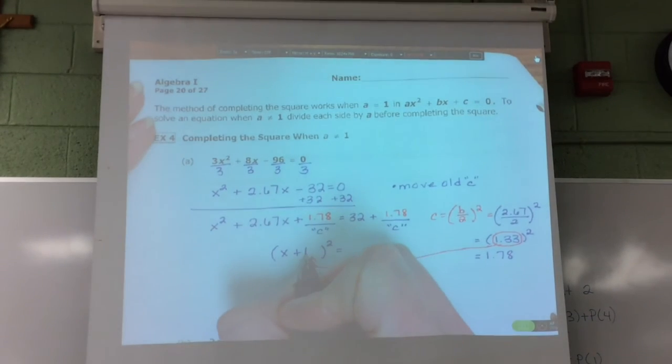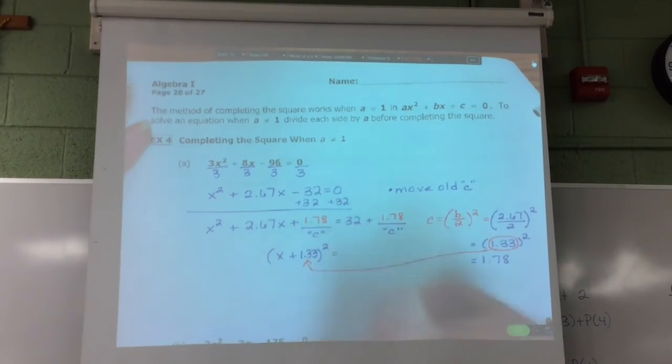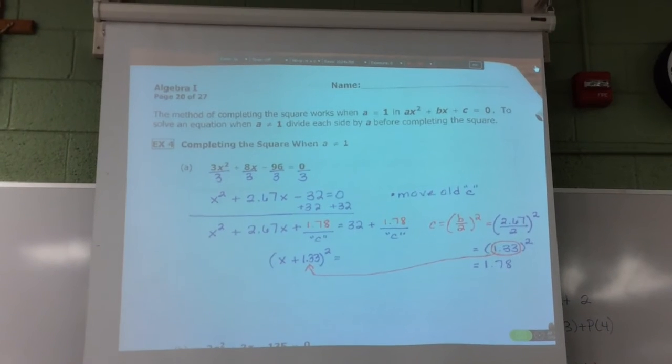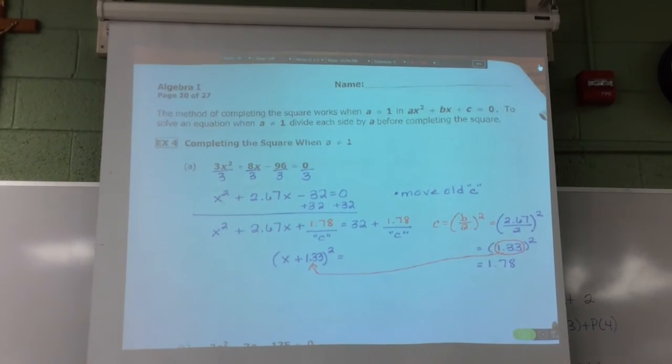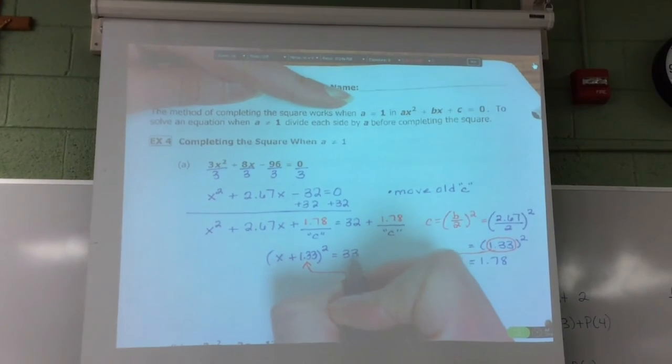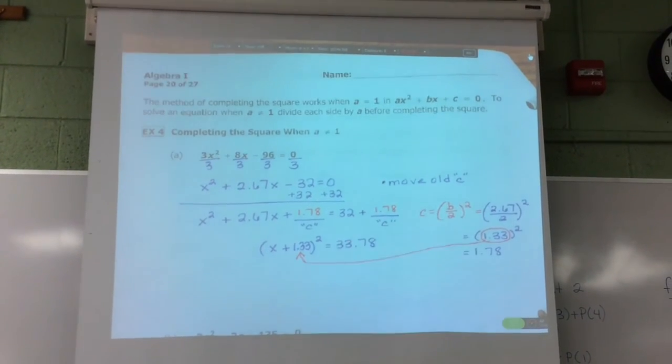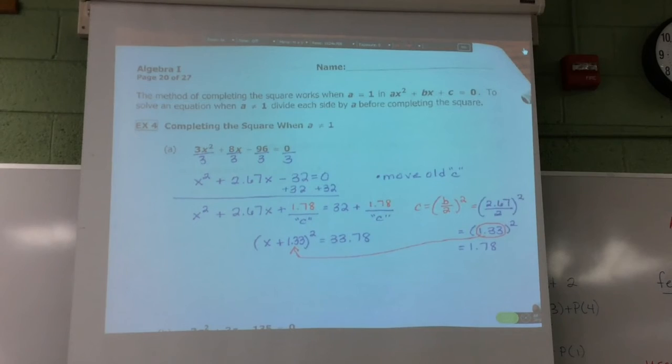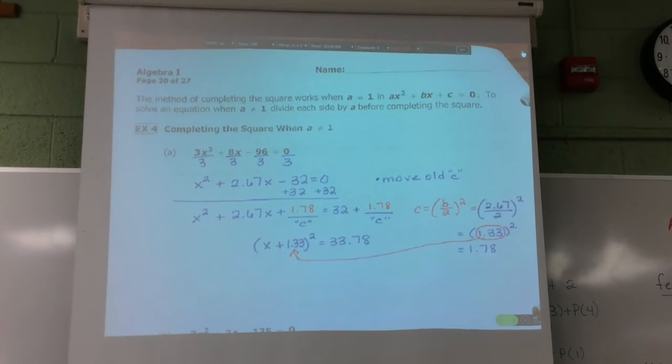So we're going to put 1.33 here. Over here, I've got to do 32 plus 1.78 on my calculator, and I get 33.78. Okay, so we had some decimals, but the procedure is the same.